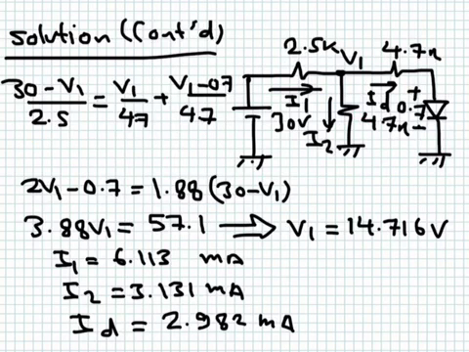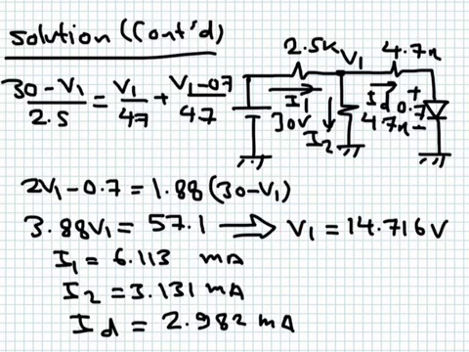I removed the K, because it doesn't matter. This is simply 1,000, and I have it on both sides, so I can simply delete them. Okay, so if you multiply both sides by 4.7, you get 4.7 divided by 2.5, it's 1.88. And if you simplify, you end up with V1 equal to 14.716.